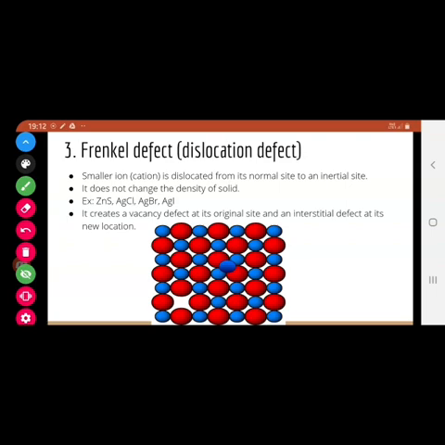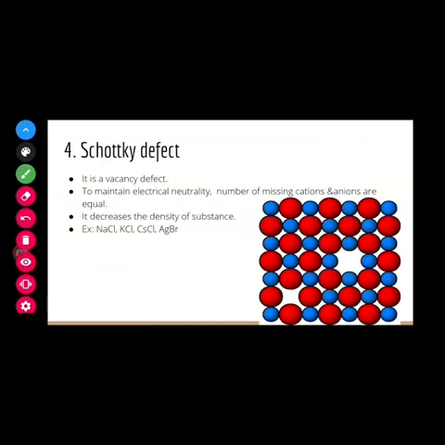Next let's move on to the fourth type of defect under stoichiometric defect, that is Schottky defect. It's similar to vacancy defect, but here, to maintain electrical neutrality, the number of missing cations and anions will be equal.